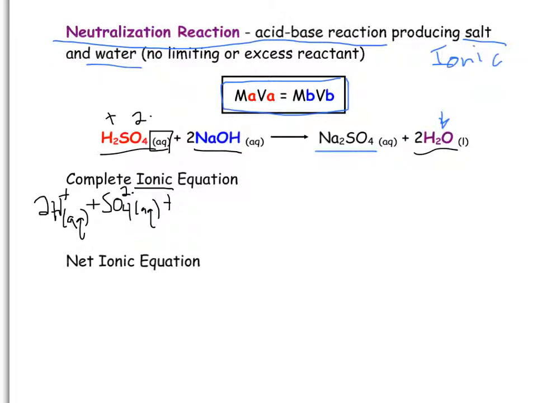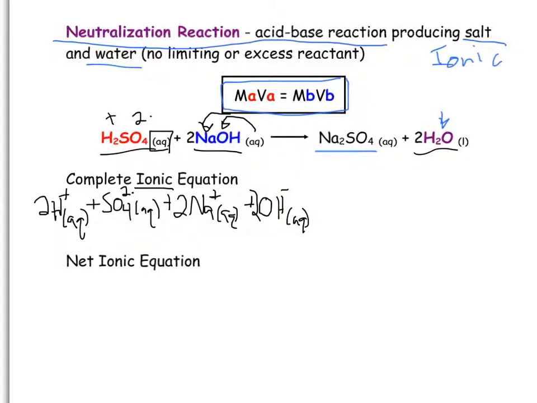Plus, now we need to focus on the ions in our sodium hydroxide, which in this case are sodium and hydroxide. So plus 2 Na+ with a plus 1 charge, and they are aqueous. Plus, we also have hydroxides in there. Oh, I should say we have 2 hydroxides in there with a negative charge, and they are also in aqueous state.